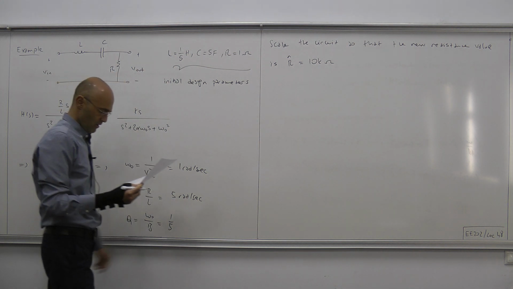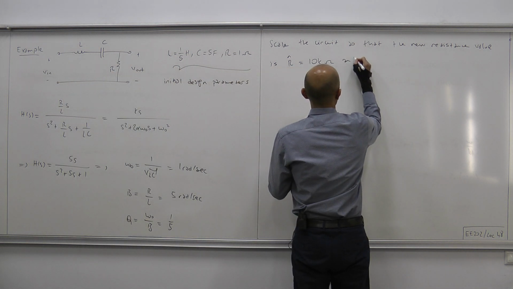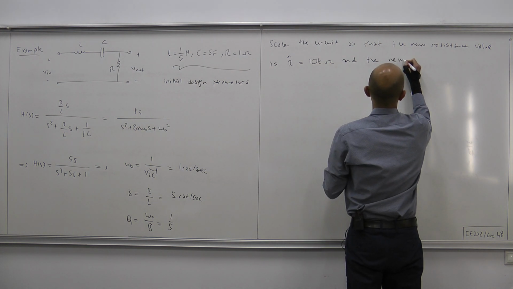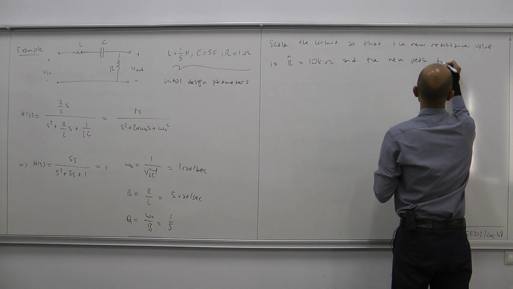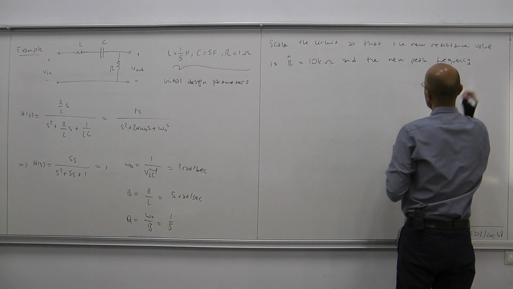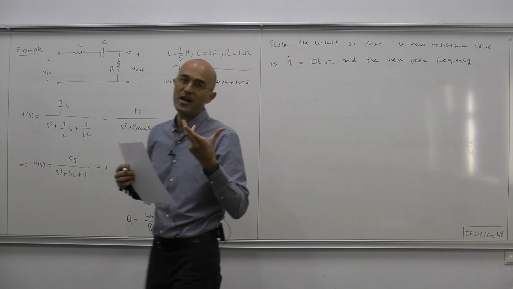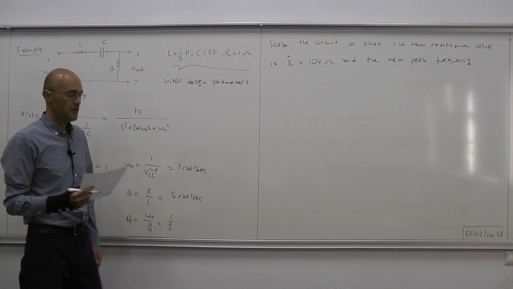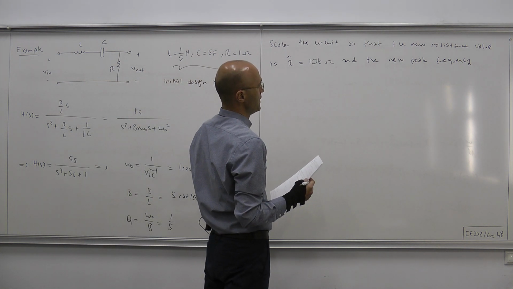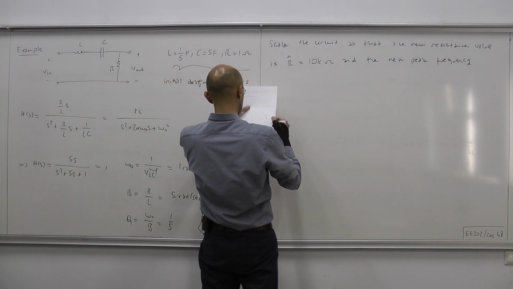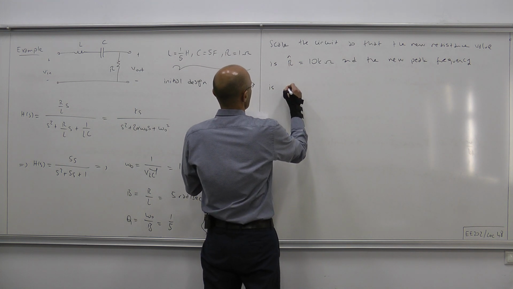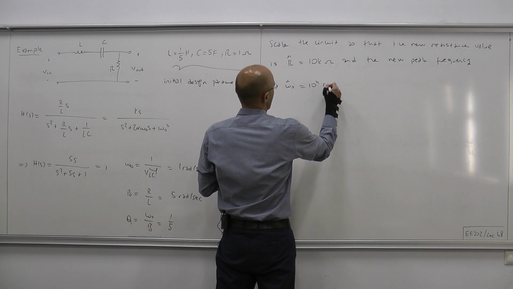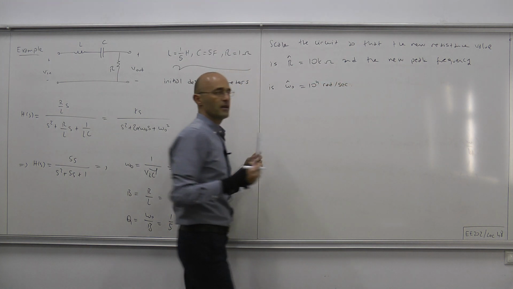And the new peak frequency, the frequency where the maximum value is attained, in other words, the center frequency, is 10,000 radians per second. It is omega 0 new, 10 to the 4 radians per second.